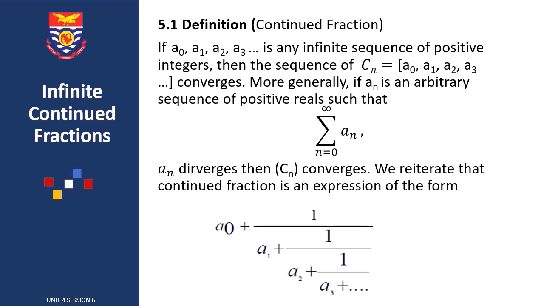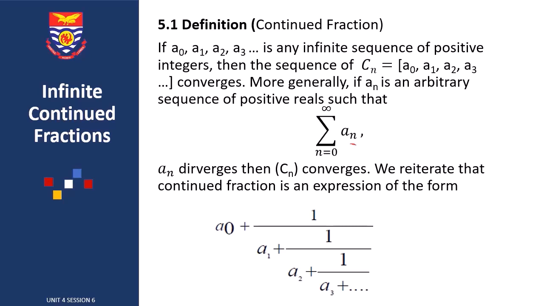More generally, if an is an arbitrary sequence of positive reals such that the summation from n equals 0 up to infinity of an diverges, then Cn also converges.